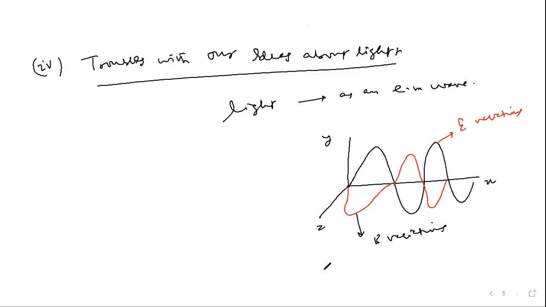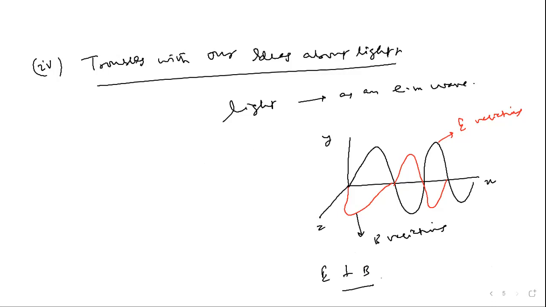You know, in an electromagnetic wave, the electric field is perpendicular to the magnetic field, right? So the wave will be traveling perpendicular to both. This is the idea of an electromagnetic wave, and you know the electromagnetic wave travels at the speed of light, c.